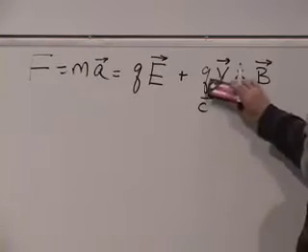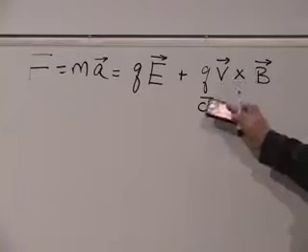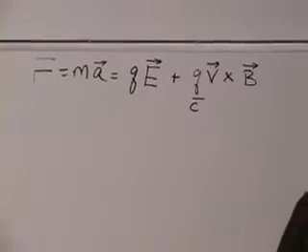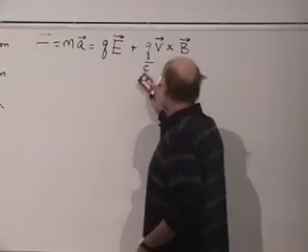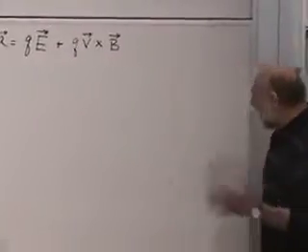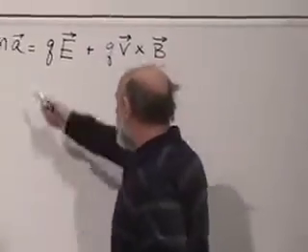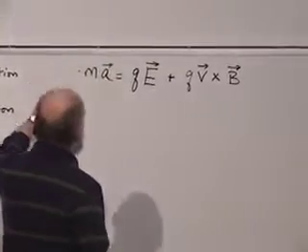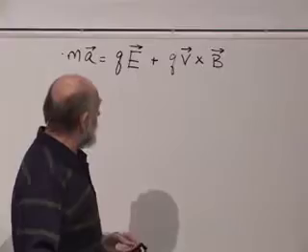You can either absorb the speed of light into a new definition of the charge or a new definition of the magnetic field, or you can remember that it's always v divided by the speed of light. When I write v, you can think to yourself, he really means v divided by the speed of light. Either way, the main structure of the equation is mass times acceleration is equal to an electric field term plus a magnetic field term.